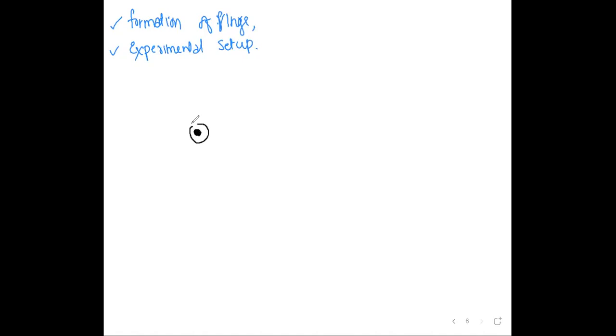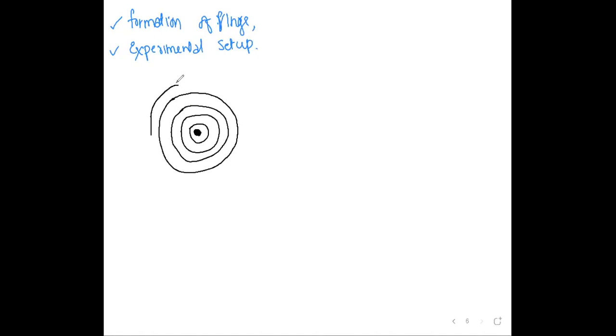So this is our first ring, second ring, third ring, fourth ring, and fifth ring, and so on. There are infinite numbers of rings formed here.